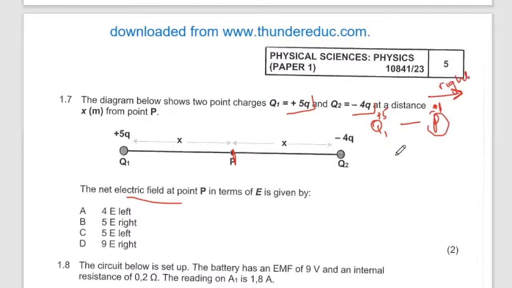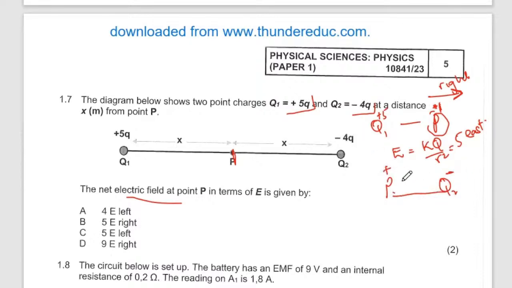Okay, so if I'm looking for my electric field, kQ over r squared, it's going to be the k, which is a constant, the r, which is also a constant with x, and then this Q, which is now the 5, to the east. Okay, then let me look at P and the Q2. This is negative, this is positive.